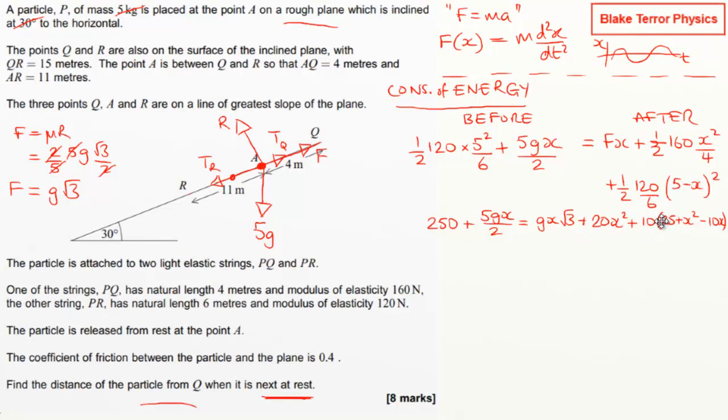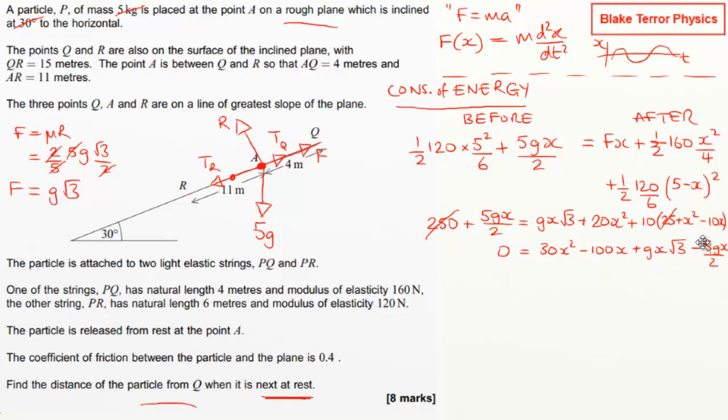Right, well that 250 is going to cancel with a 250 on this side, so we can get rid of those. We've got an extra 10x squared, so that takes us up to 30x squared. We've got minus 100x, and we've got plus gx root 3, and let's put this other one on the other side, minus gx over 2, so that all equals 0.